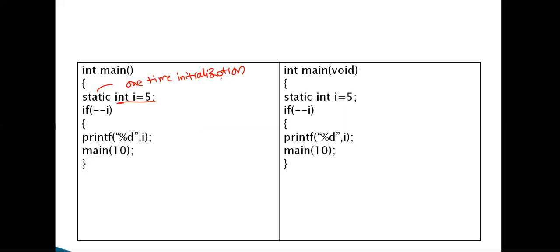That is, once we initialize a static variable, the next time onwards it is not initialized. Simply, it will consider the previously updated value. Okay, what happens? First, int i is equal to 5. If of minus minus i means 4. If of 4, what is the i value? 4. Printf percentage d, the i value 4 is printed.